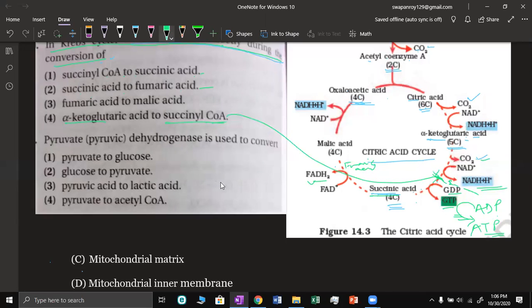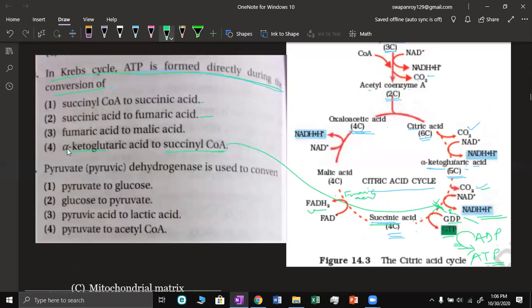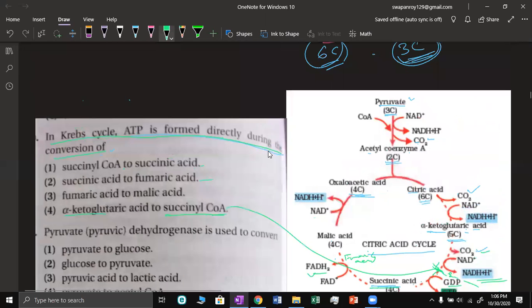So in this question, in Krebs cycle, it is directly formed from succinyl coenzyme A to succinic acid.